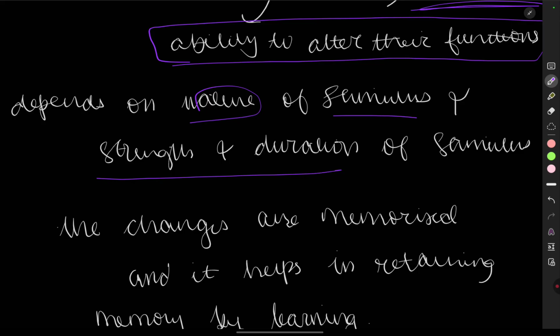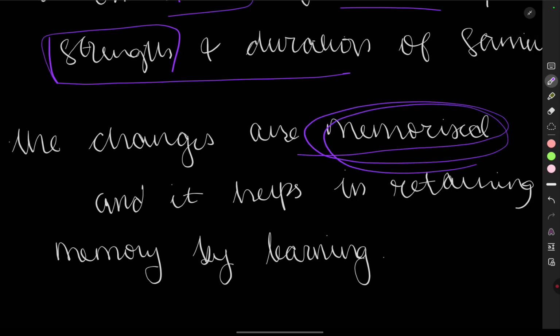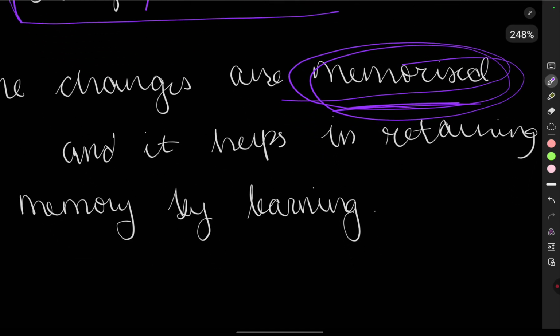If the duration is longer or shorter, or the strength varies, the changes are memorized. Whatever alteration takes place in the synapses, in the neurons, is memorized, and it helps in learning and retaining memory, due to which our neurons learn new things.